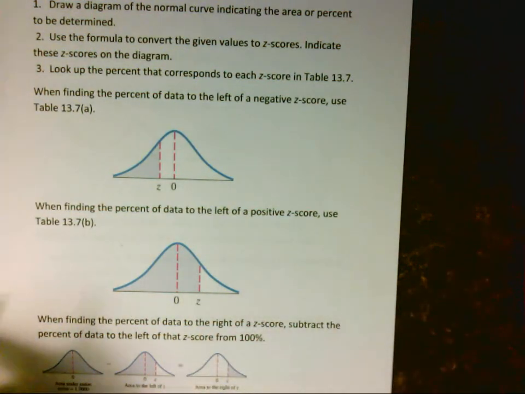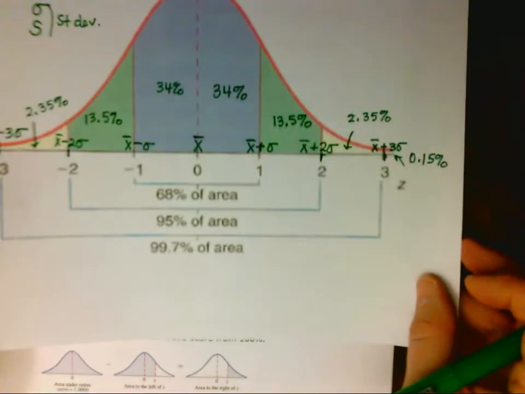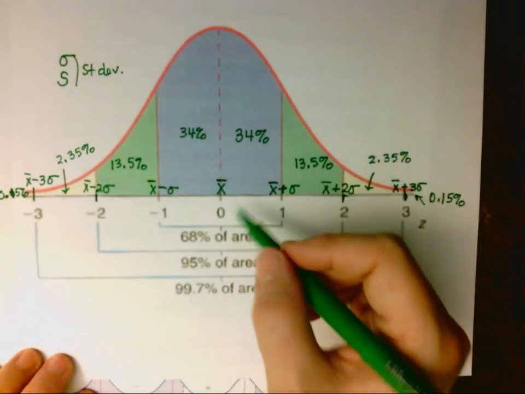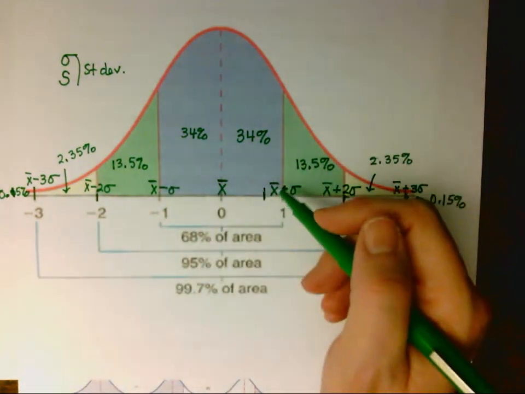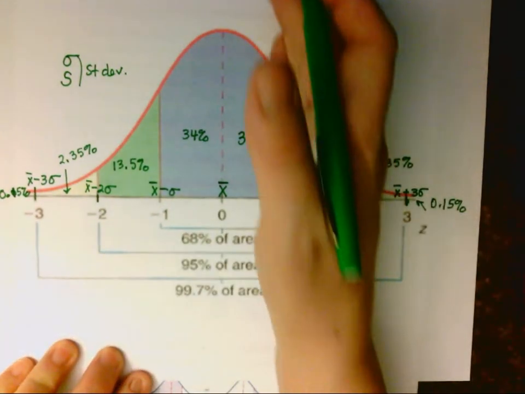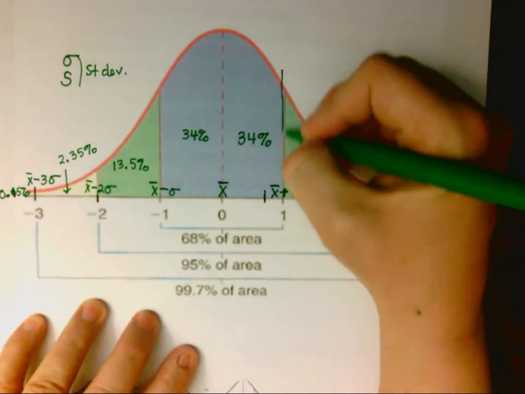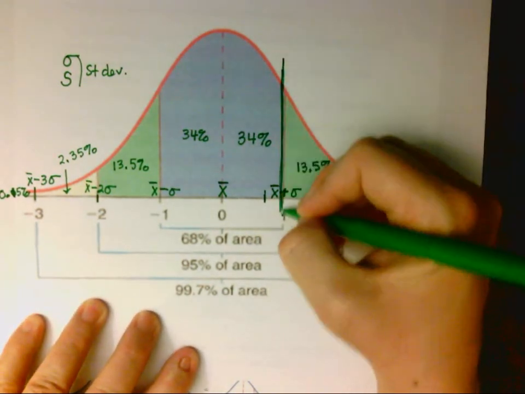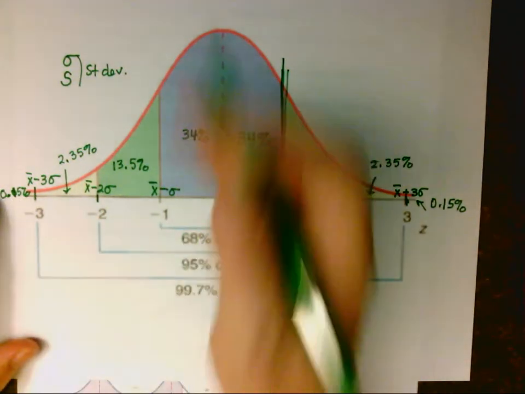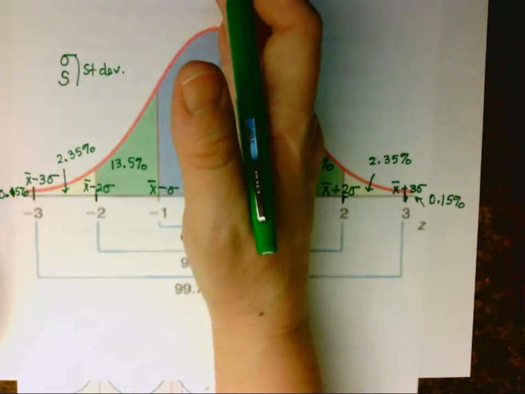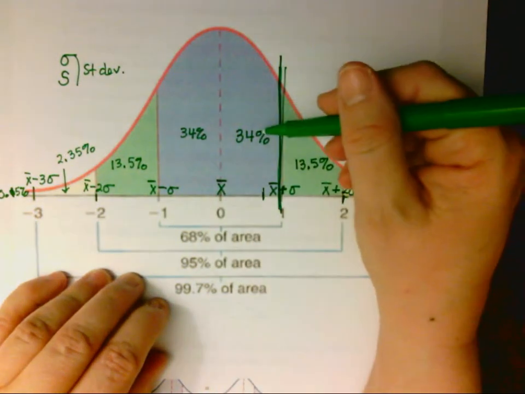Okay. The deal is that when you do these and they don't land on nice values, if you want to know what percentile you're in and you land exactly at the cutoff right here, let's suppose your IQ is right here at this cutoff, then you could say what percentile you're in. Well, half of the graph is to the left, right? So that's going to be 50% over there, plus 34%.